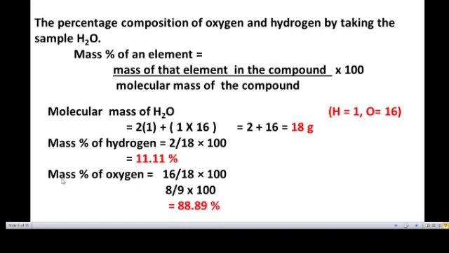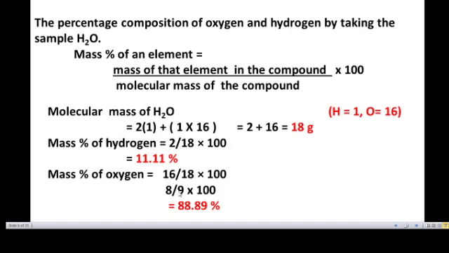Next step, we have to calculate the mass percentage of oxygen. Formula: mass of that element, that is oxygen, by molecular mass of the compound, that is water. Here only one oxygen atom, so mass is 16 by 18 into 100 as per the formula. 16 by 18: 8 twos are 16, 9 twos are 18.